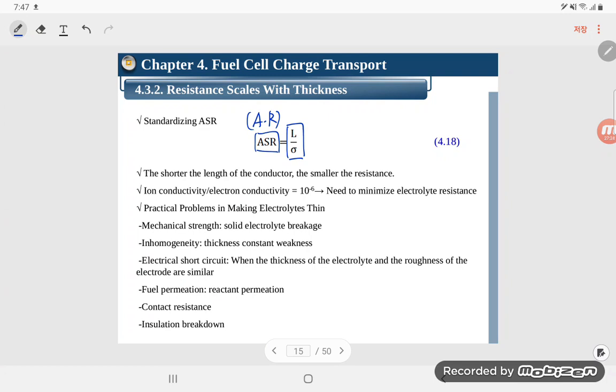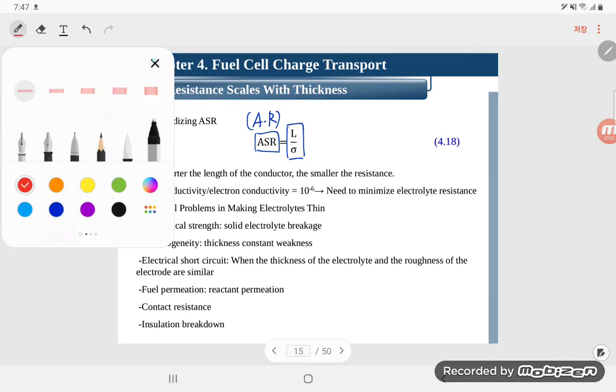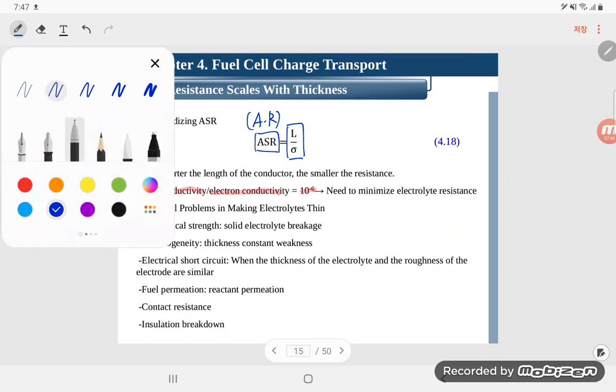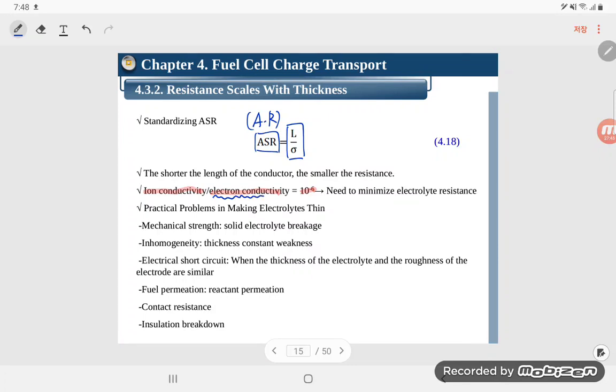And if we compare the ion conductivity and electron conductivity, ion conductivity over electron conductivity equals about 10 to the minus 6, which means electron conductivity is much higher than ion conductivity. That is why we need to minimize the electrolyte resistance.